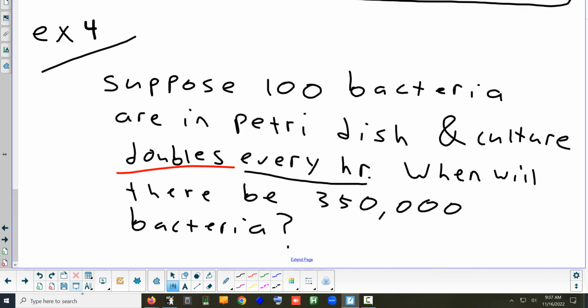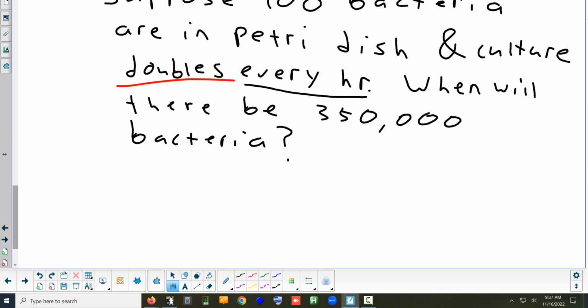So let's set up our formula. What's the first thing that would come after the equal sign? 100. That's the initial amount. Times 1 plus r, but we're doubling, so my growth rate is a 1. So it's just 1 plus 1, which means what? 2. And then we're going to raise that to what power? t.